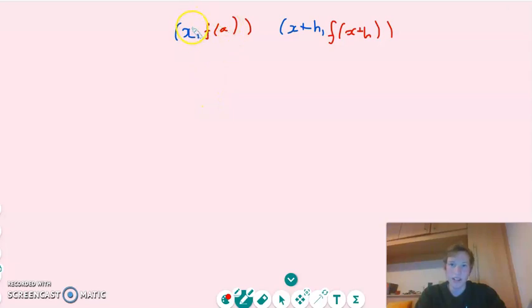So now we've defined our 2 points on our tangent line, we can figure out what the gradient is. We're going to use the formula that we used before, the change in y divided by change in x. So what's change in y? Well, our y-coordinates are in red, so our change in y is going to be f of x plus h minus f of x.